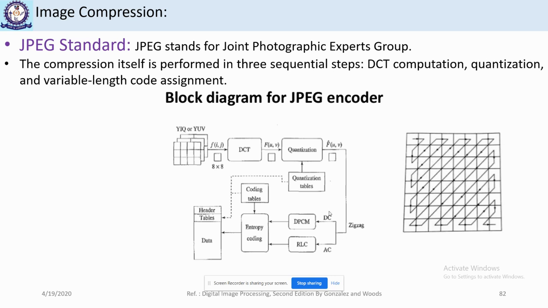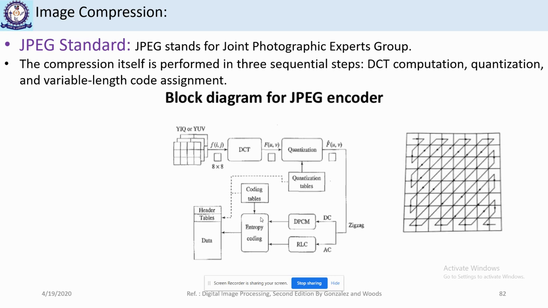Now after zigzag coding, we separate the DC and AC components. The first element will be the DC element, and the remaining elements will be the AC elements of this 1D array. The DC coefficient will be encoded using DPCM, differential pulse code modulation, and the AC coefficients are coded using run length coding. Then the entropy coding is done.